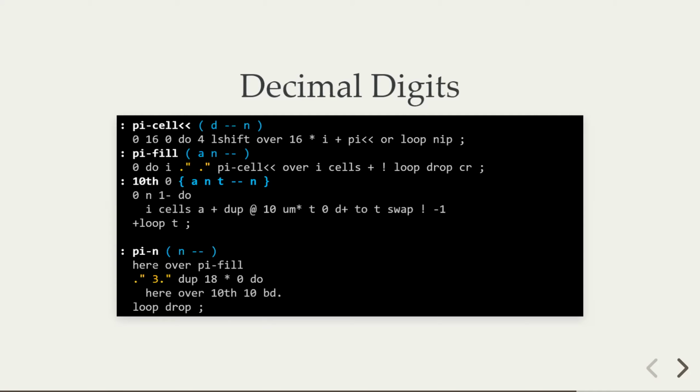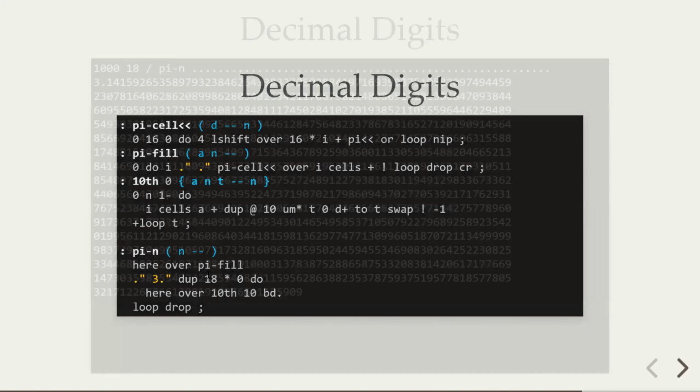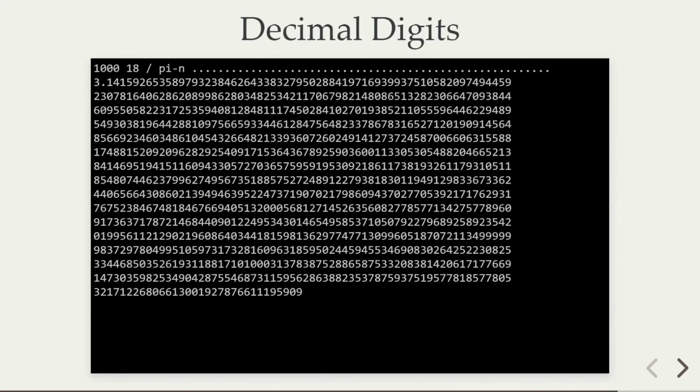So I fill up some number of digits in that space, and then walk over and you basically get about 18 decimal digits of accuracy for every cell. So I just shift over that many to print it, and then that lets you print arbitrarily large numbers of decimal digits. The divide by 18 is to match the number of digits I had previously.